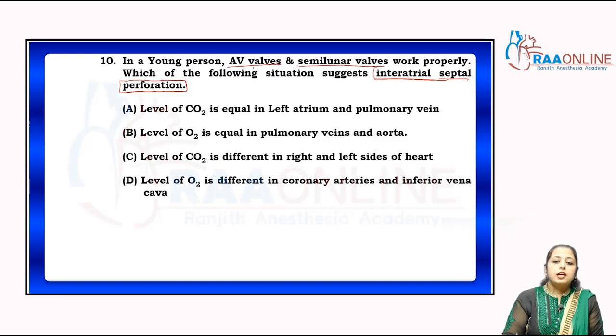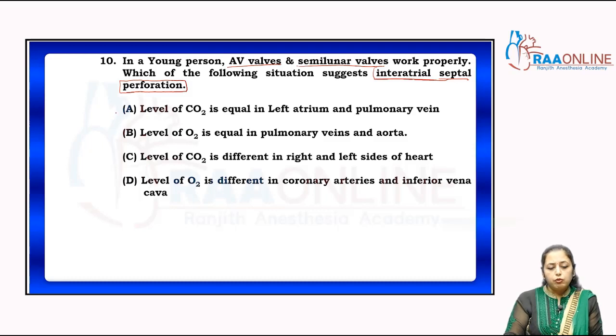The bicuspid, also known as the mitral valve, and the tricuspid valve: tricuspid is present on the right side, and bicuspid is situated on the left side. Semilunar valves are the pulmonary and aortic semilunar valves, and these prevent the backward flow of the blood.